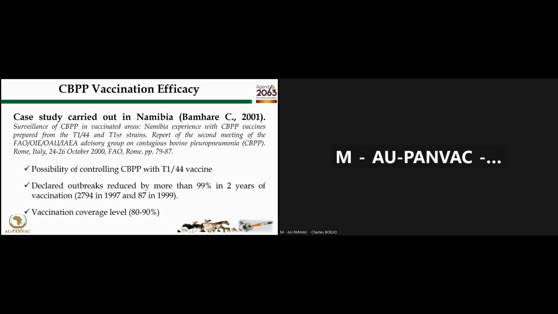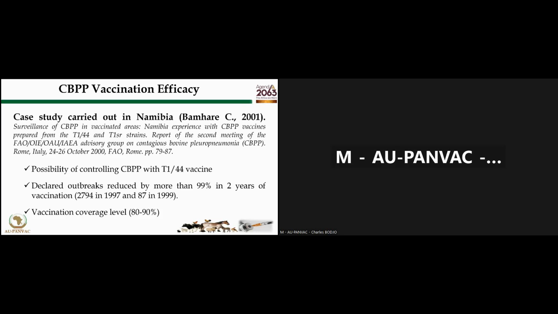So in terms of CBPP vaccine efficacy, several studies have been conducted showing that it's possible to use the current vaccine to reduce the outbreaks of CBPP in a country.